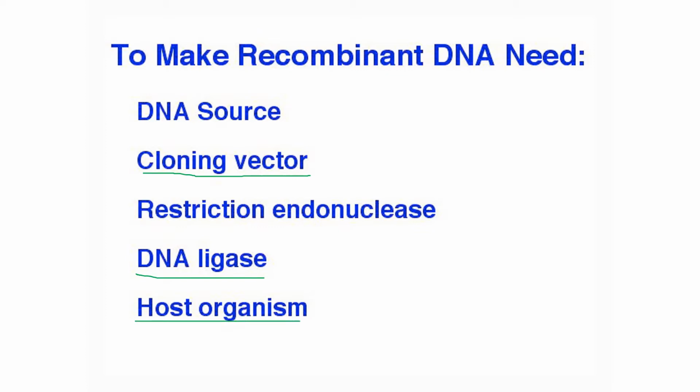So this is some sort of cell, or it could be yeast, depends upon what kind of work you're doing. But it is a host in which the plasmid can be grown and amplify the DNA of interest. And these cloning vectors can be plasmids or viruses, depending.